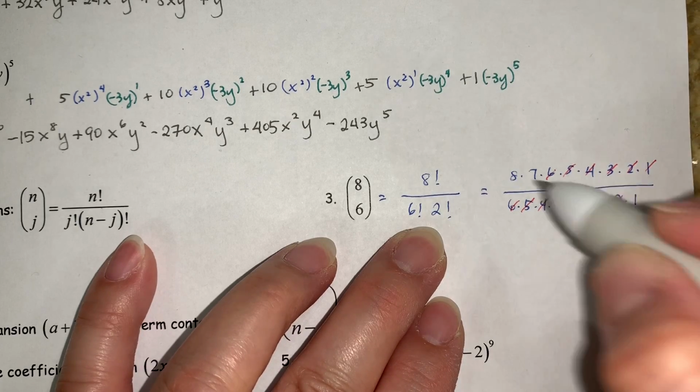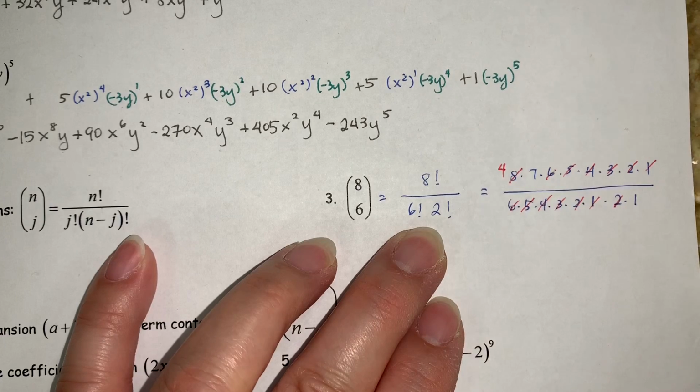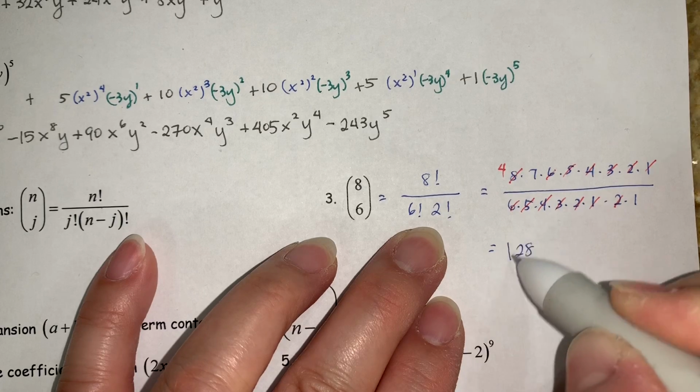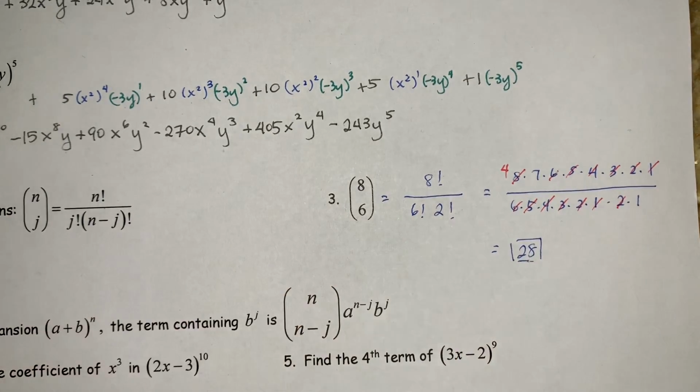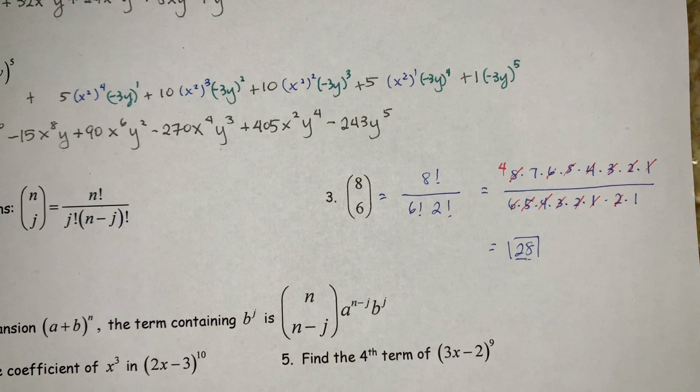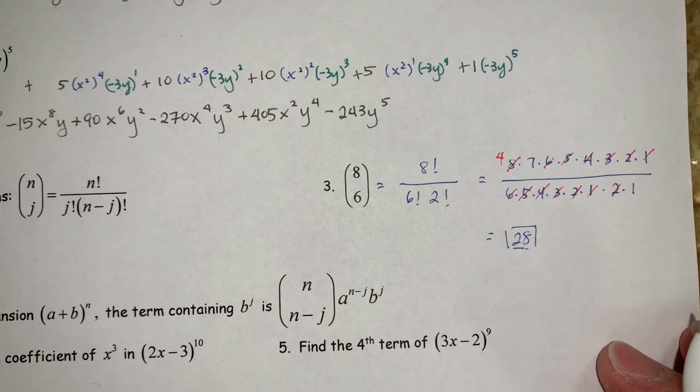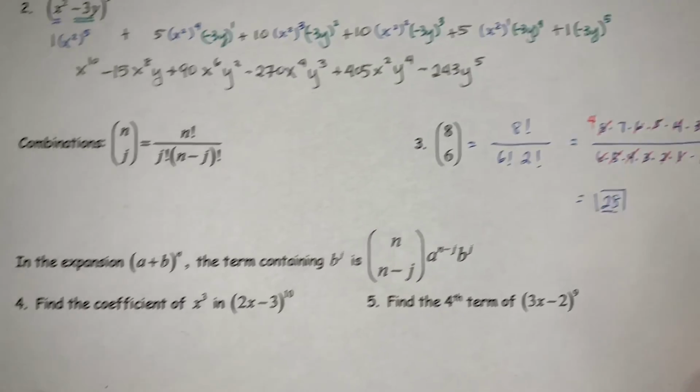And then use this 2 to reduce out this 8 to be 4. So really my final answer would be 4 times 7 all over 1, which makes this 28. Okay, so it's a reminder of how to do this using combinations.